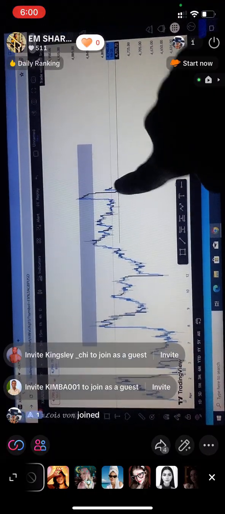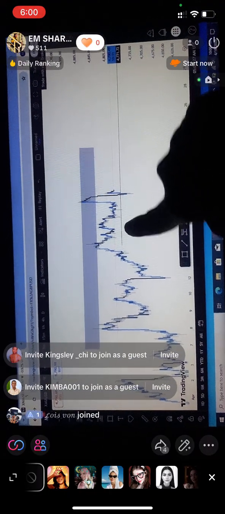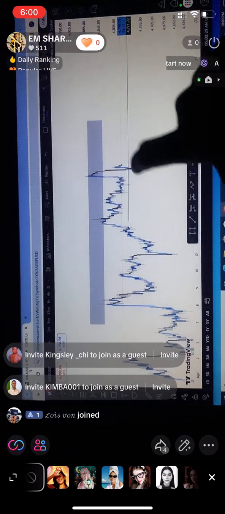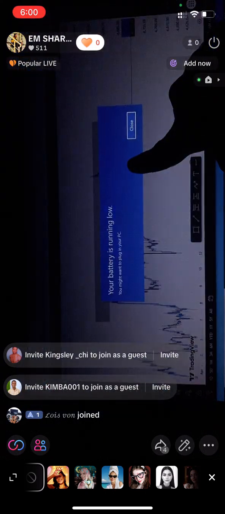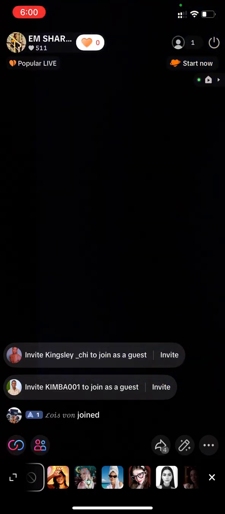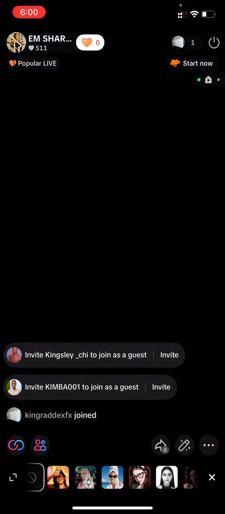Once the market breaks this zone, I'm not expecting to enter immediately until I see at least a minimum of two lower lows and two lower highs.